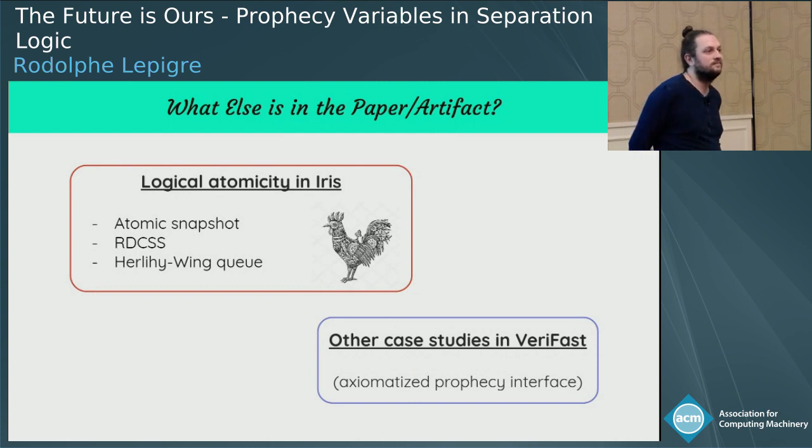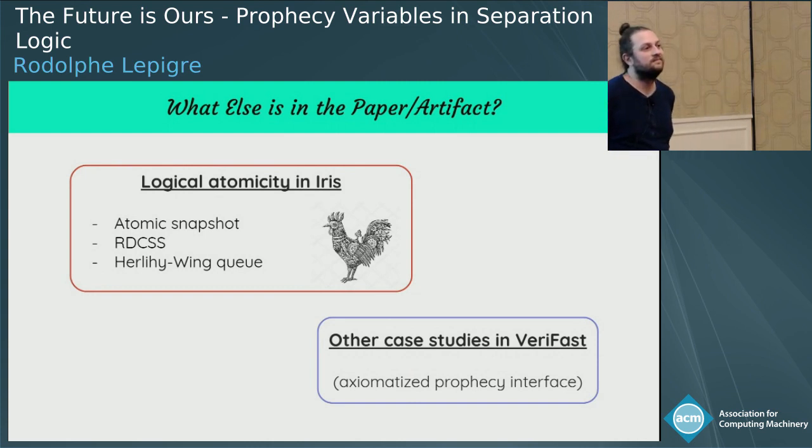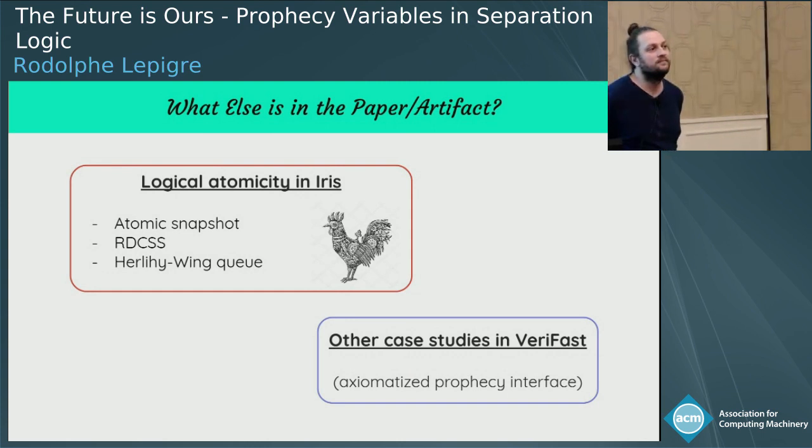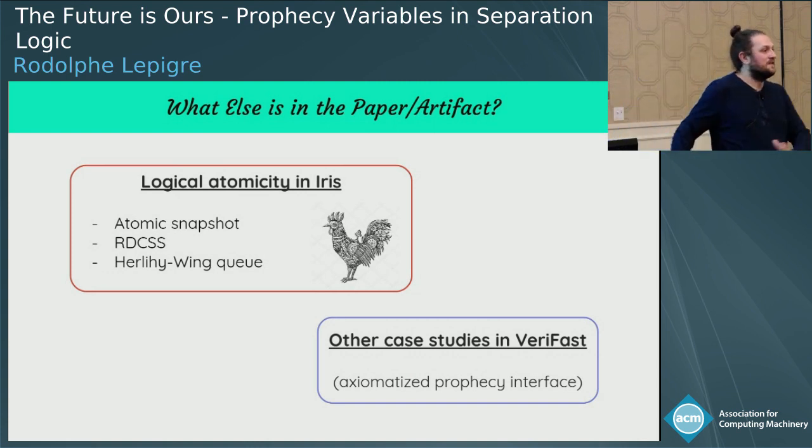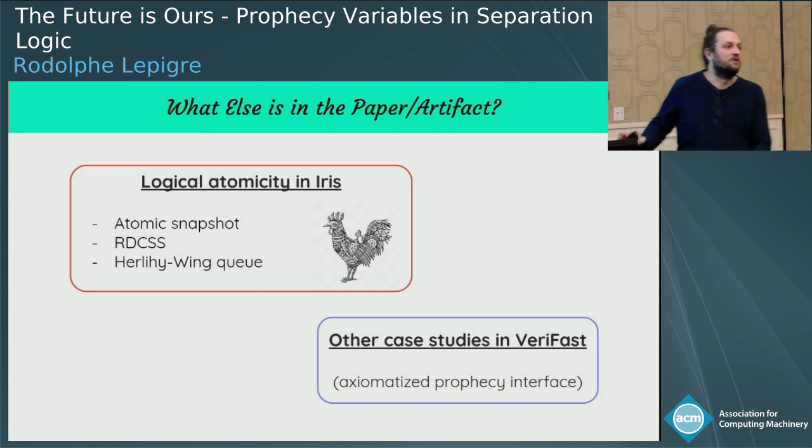Hi, nice talk, Rodolphe. Can you say a little bit about the linearizability in those algorithms? If you have it as a spec, how do you formalize linearizability? So we don't actually formalize linearizability. What we formalize is logical atomicity, which is a close relative of linearizability, and it's actually more natural when you're doing Hoare logic.